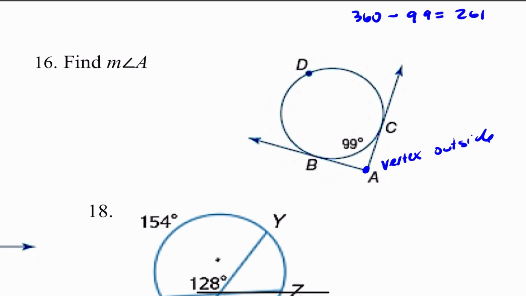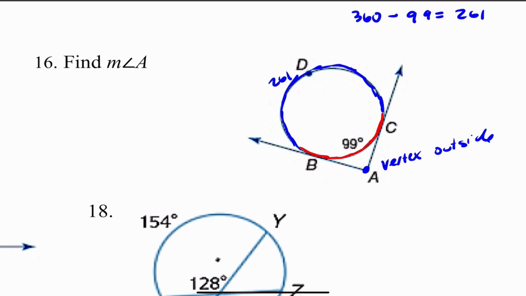Okay, so that major arc here is 261 degrees, and this minor arc here in red is 99 degrees. 261 plus 99 is 360 degrees. I just found my major arc and my minor arc in terms of their measures.